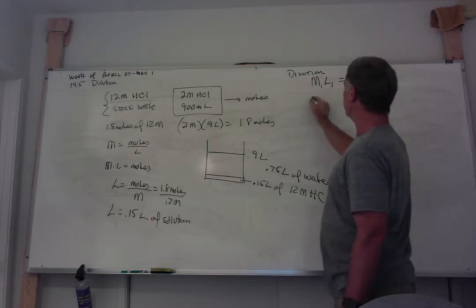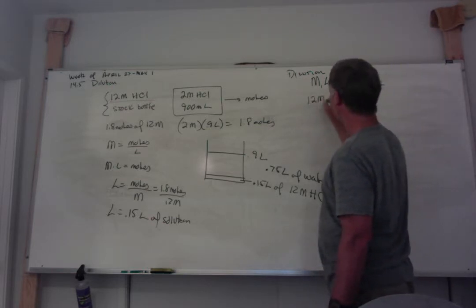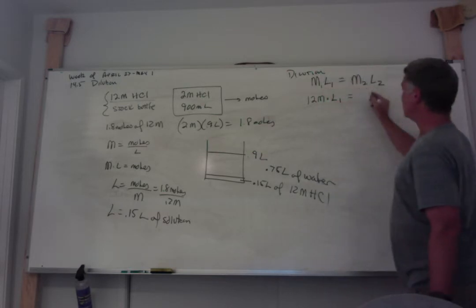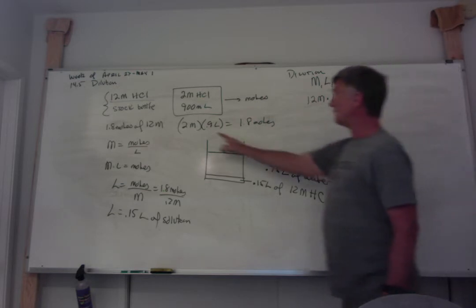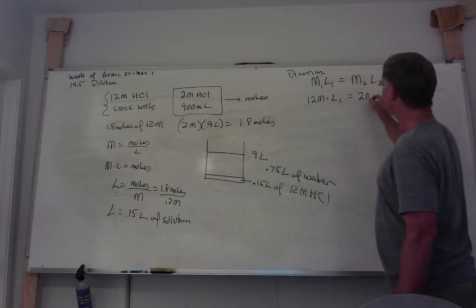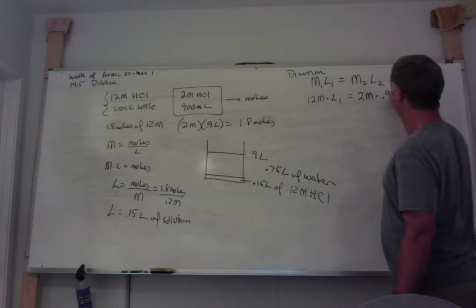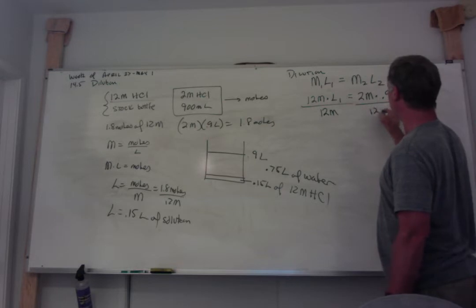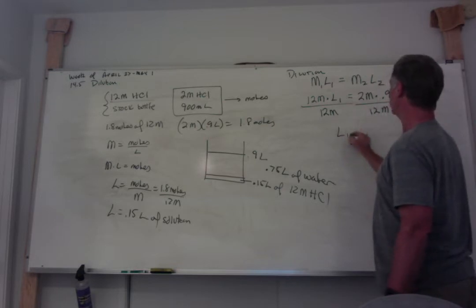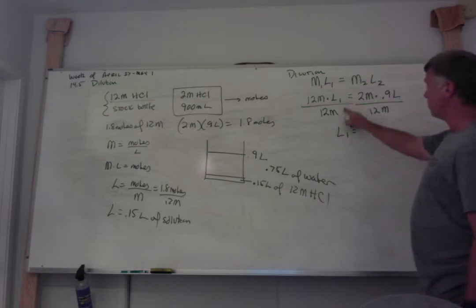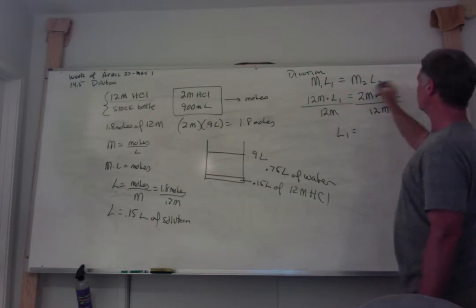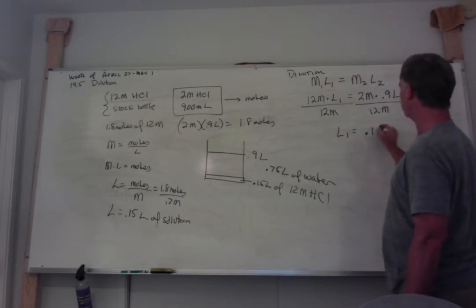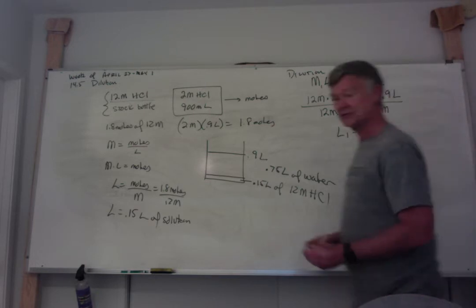If I put in here 12 molar times however many liters, and here I wanted 2 molar times 0.9 liters, and I divide both sides by 12 molar, the number of liters that I want to pour out of my concentrated solution is this. And guess what? This is going to work out to be 0.15 liters.